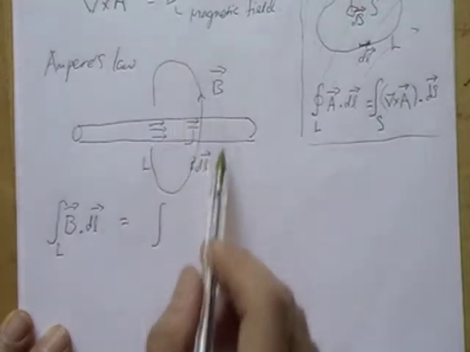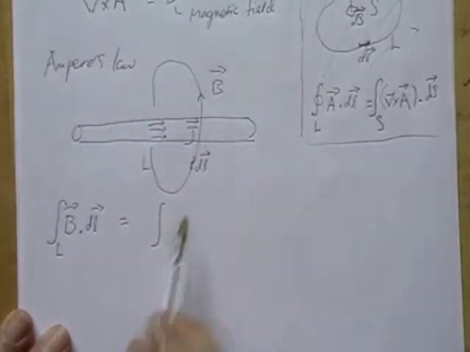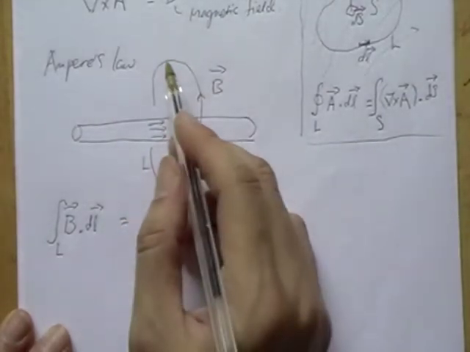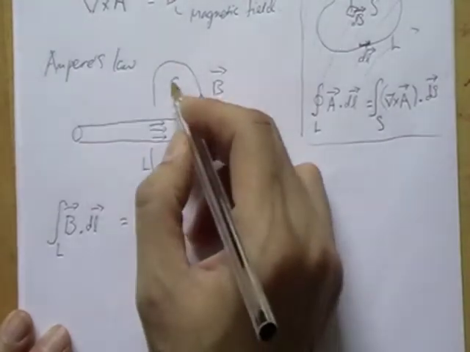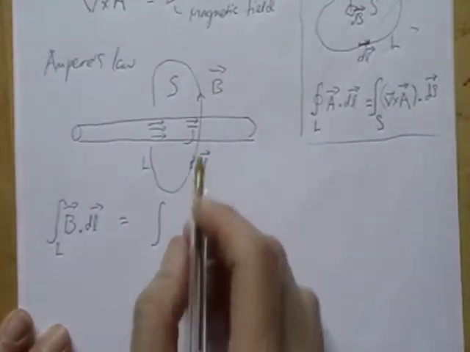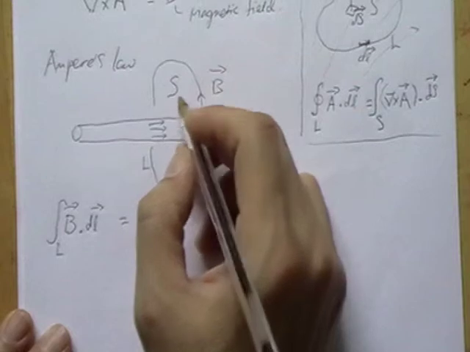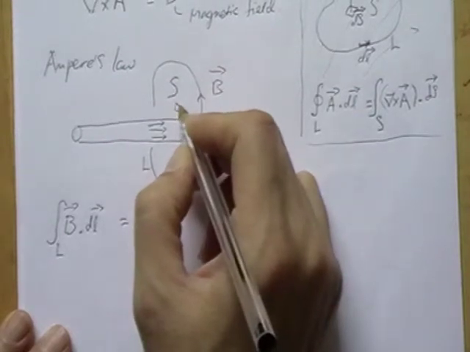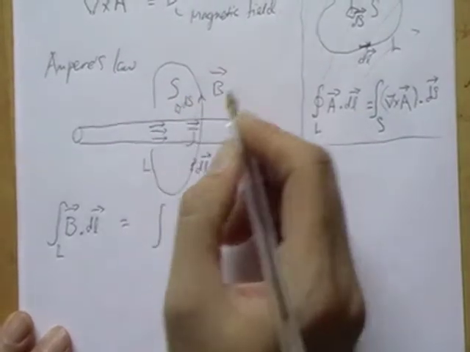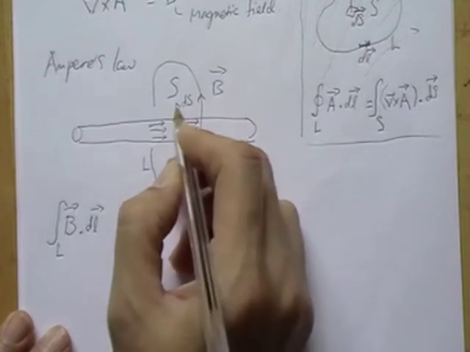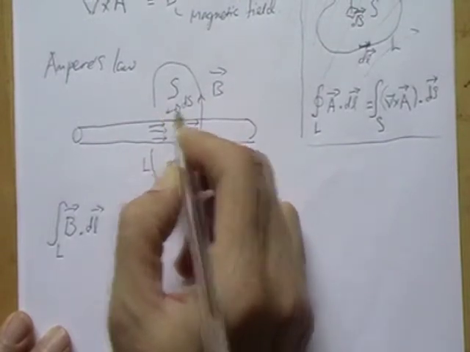Now imagine a surface with this loop as the boundary. Any surface, I'll call it S. And again, imagine a little area ds, with a direction normal to that area.